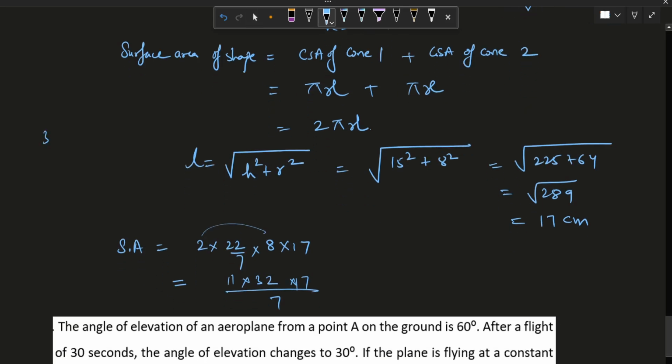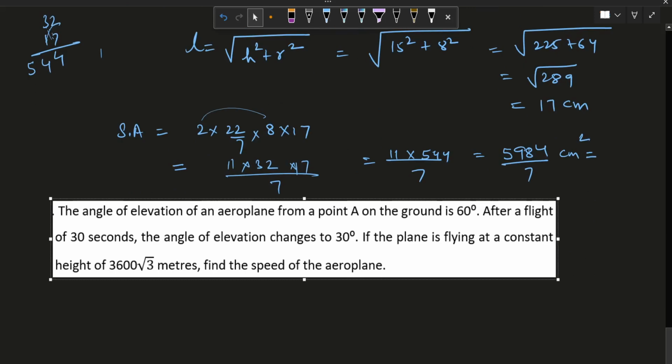So 32 into 17 is 544. So 544 into 11 by 7, which will be how much? 5984 by 7 centimeter square. You divide it, you will get your answer.